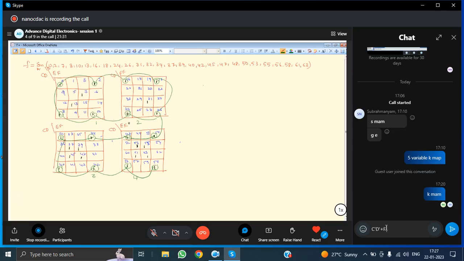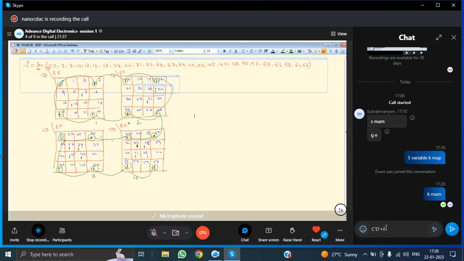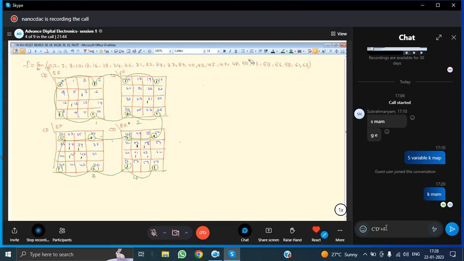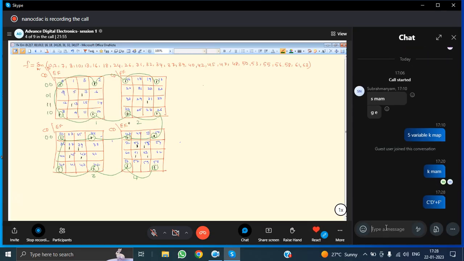Starting from here till here you can make as one group. Okay, so this is one. Can you write down the equation for this one? ఇక్కడ 0 0 0 1 1 1 1 0 వేస్తున్నాను. ఇక్కడ కూడా 0 0 1 1 1 1 0. How can you write the equation for this?